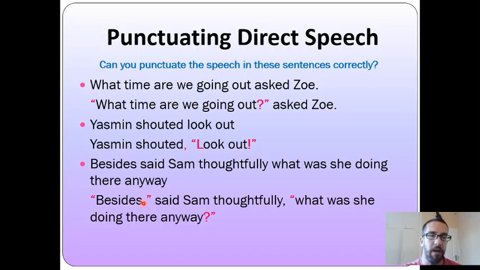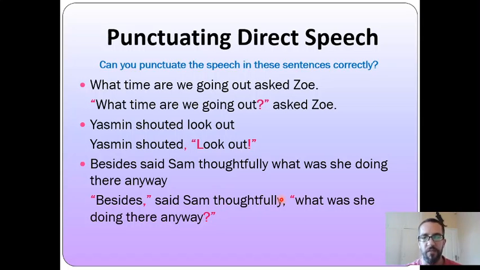You need a comma after besides. Then you have this bit here. This is actually called a verb clause because it's telling you how Sam said it. Said is a verb because he's talking. How did Sam say this? He said it thoughtfully.